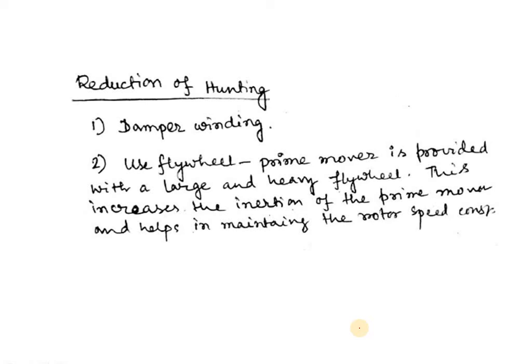Now I will discuss some more points. Sometimes an alternator will not operate satisfactorily with others due to hunting. If the driving torque applied to an alternator is pulsating, such as that produced by a diesel engine, the alternator rotor may be pulled periodically ahead of or behind its normal position as it rotates.